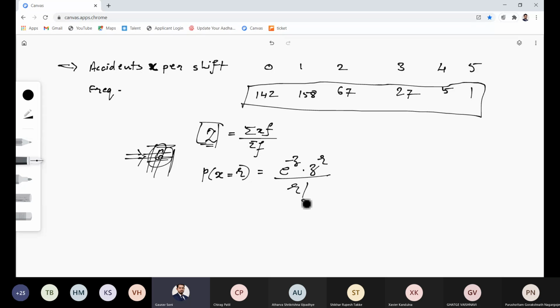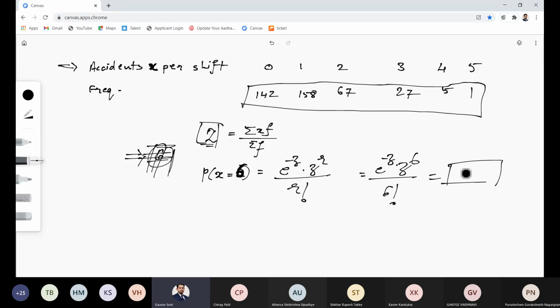This is the formula. For 6 accidents, on the right hand side, e to the power minus z, z raised to 6 upon 6 factorial, and I will get some answer.